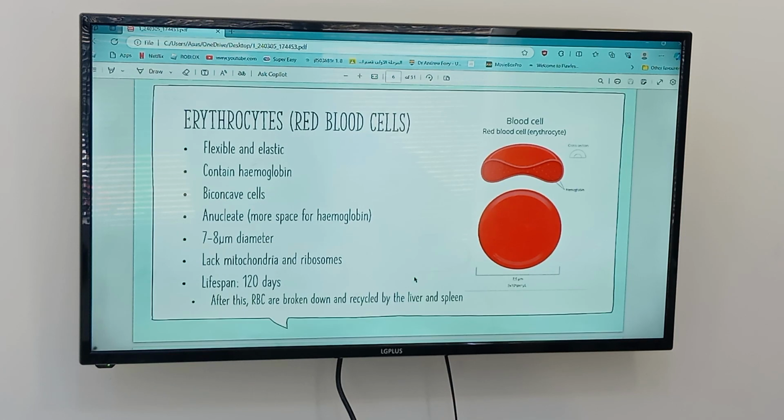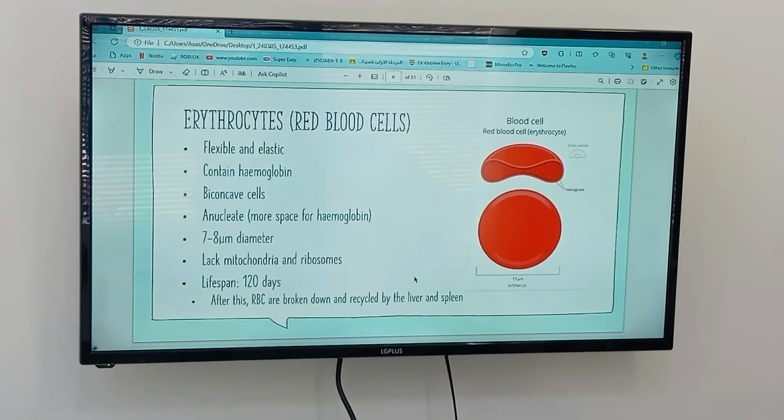Erythrocytes. We can see erythrocytes. How can they move through the vessels? Because of a feature of erythrocytes, they have the flexibility to shrink or minimize their size to move through the vessels, and they contain hemoglobin.